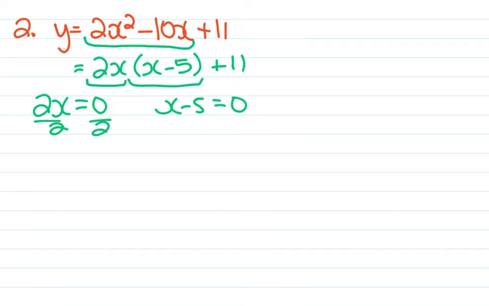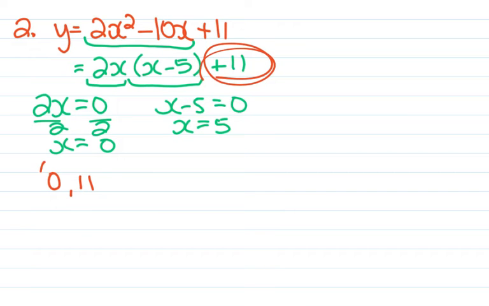Solve for x. X equals 0. Add 5 to both sides. X equals 5. So these are not my zeros, but these are 2 points that are the same distance apart from each other on my graph. So these 2 points are 0, 11, remember that number on the end there, and 5, 11.